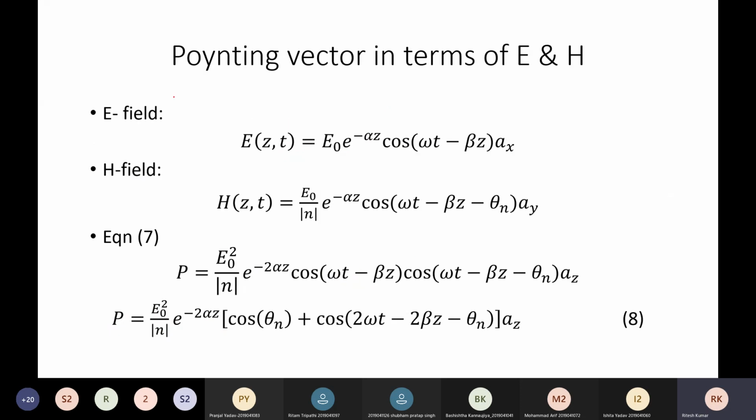Now, how can we define the Poynting vector? What is Poynting vector P? Instantaneous power density, that is E cross H. So how can we get the expression for this? Very easy.